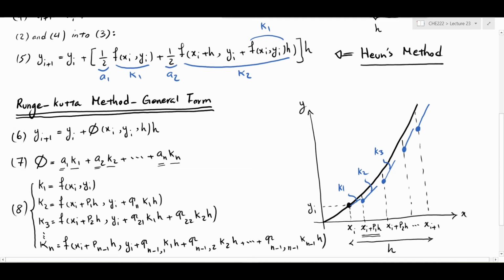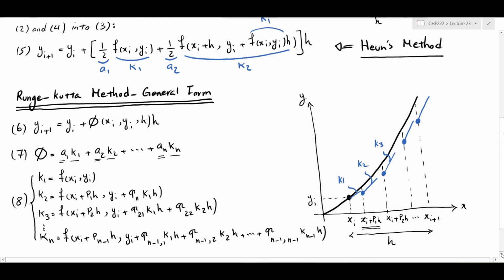So k2 is f of xi plus p1 times h, and the y at this point is estimated as yi plus q11, which is a constant, times k1 times h, which is again very similar to what we had in Heun's method. It was yi plus the constant in here was 1 times k1 times h.